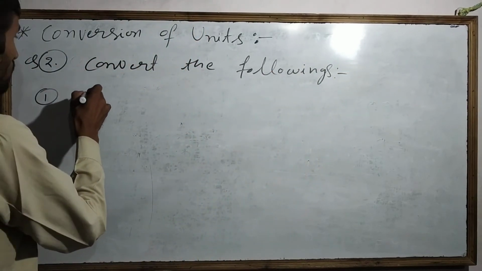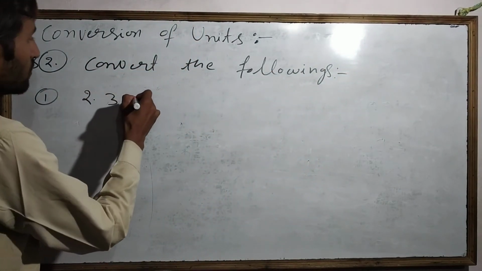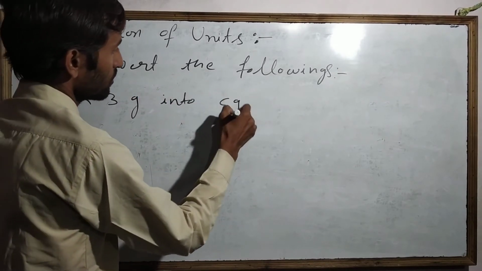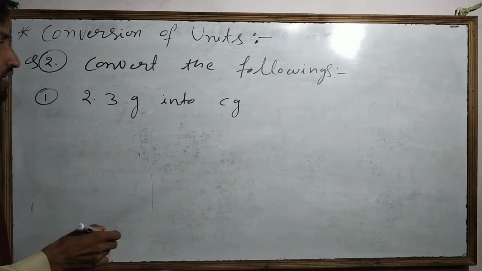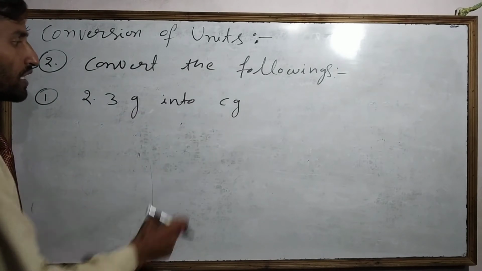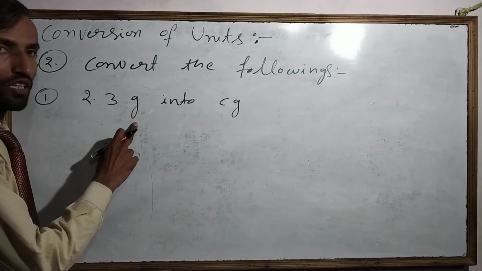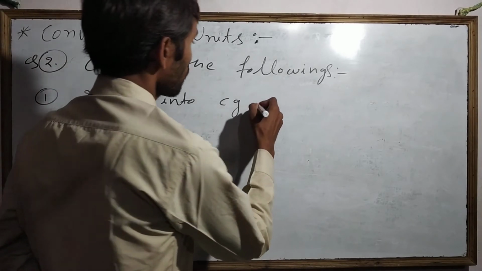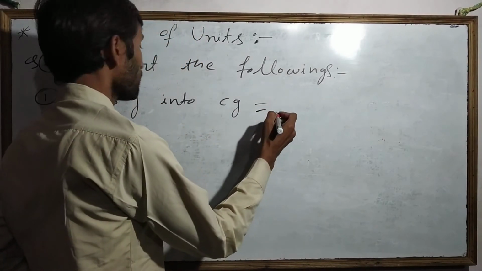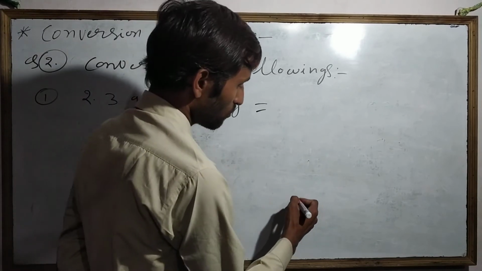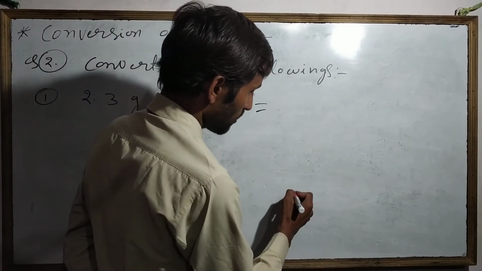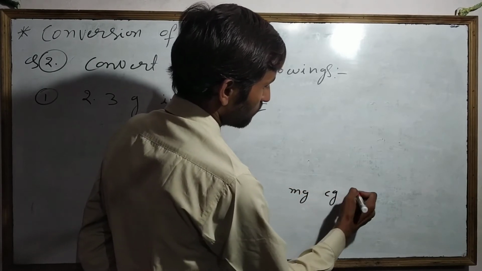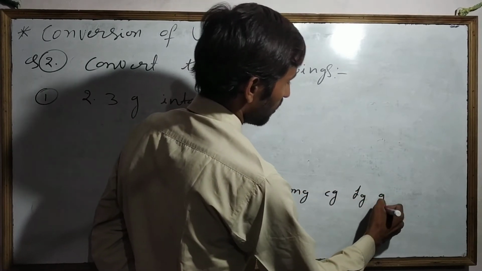First one, 2.3 gram into centigram, Cg. So how will we convert? This one is gram and this one is centigram, means this one is a bigger unit and this one is a smaller unit. So from bigger to smaller we will go, then we have to multiply. So how will we multiply? Just you see here the gaps, if you remember, milligram, centigram, decigram, and then gram here.